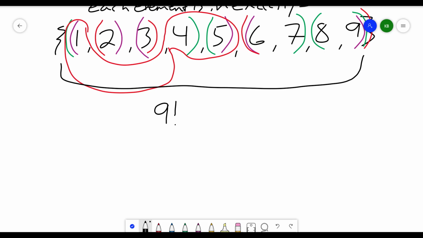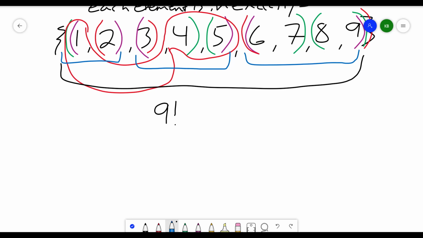Now once I've put those 9 elements in an order, I'm going to always take my pair, and then my group of 3, and then my group of 4. And because I've put the 9 elements in every possible order, I've also now grouped my pair, my group of 3, and my group of 4 in every possible way.